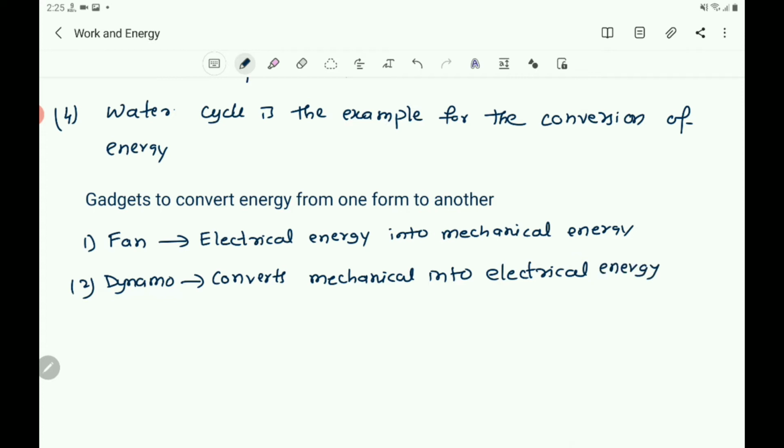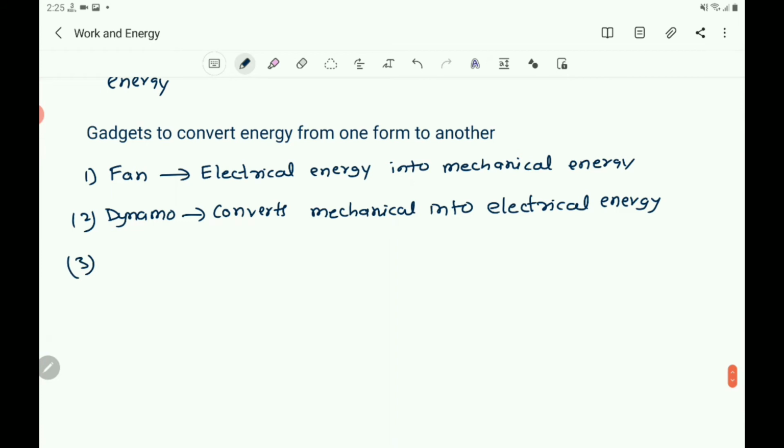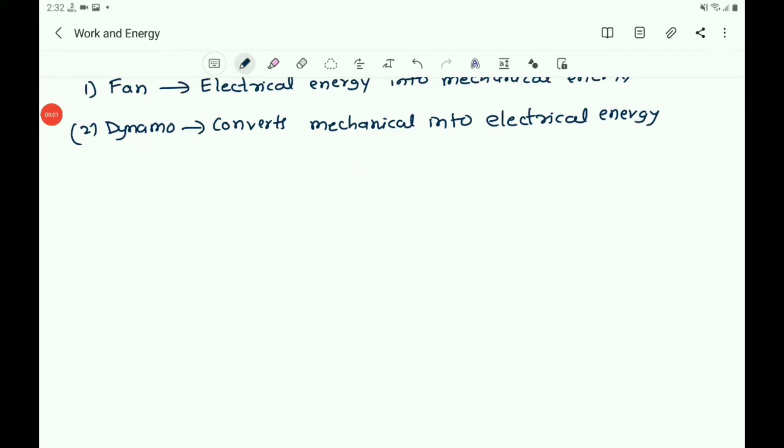And also, you write motor. So motor converts electrical energy into mechanical energy.